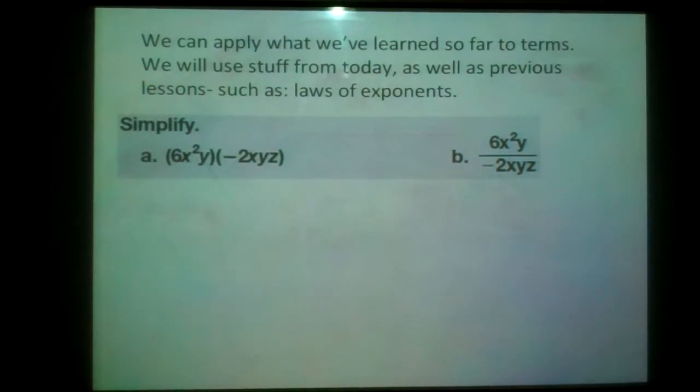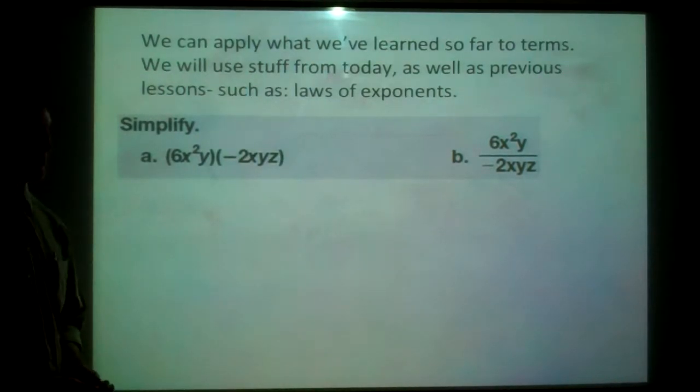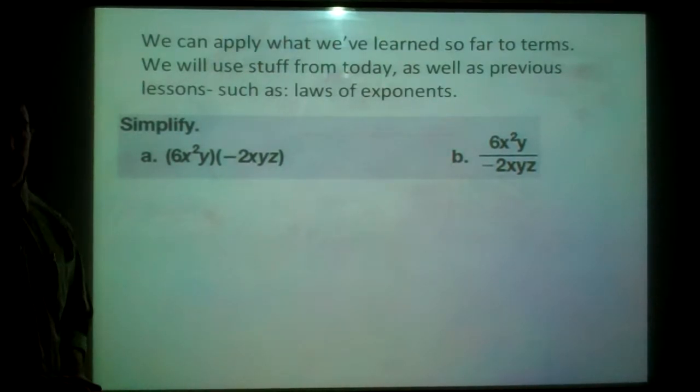Remember when we combined like terms, we would add them. Now we are multiplying and dividing terms. They do not need to be like to do this, because remember, with our laws of exponents, as long as something has the same base, we can add or subtract our exponents depending on whether we're multiplying or dividing.